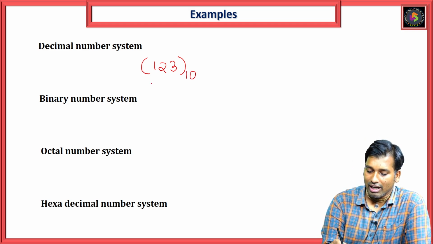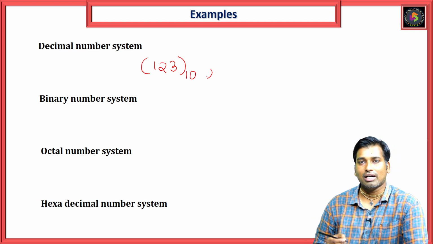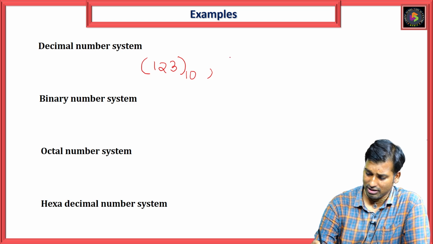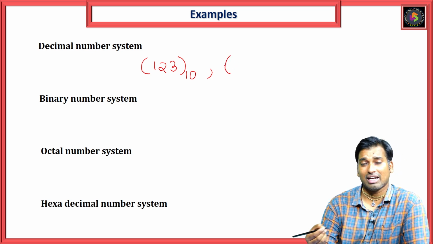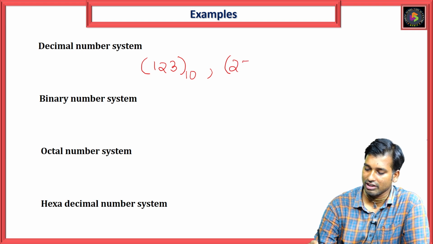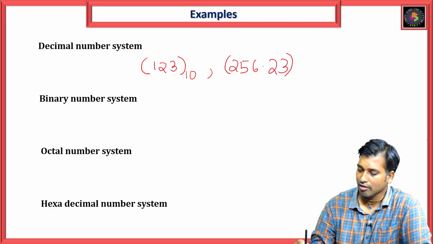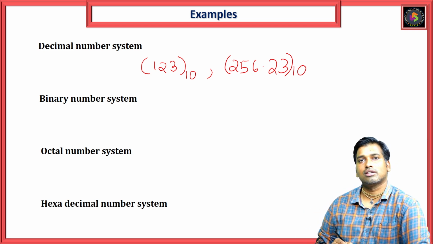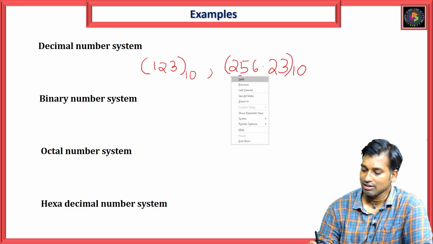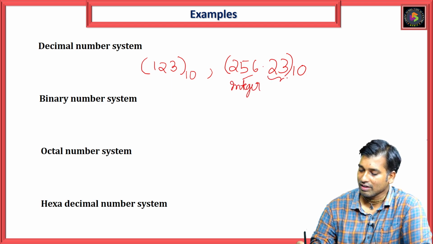But any number has 2 parts to it. One is the integer part, other is a fractional part. For example, the same number can also have a fractional part. Let us take a small example, 256.23 base 10. So this is integer part, this is a fractional part.